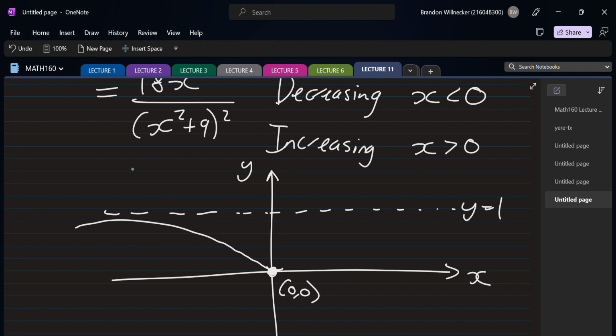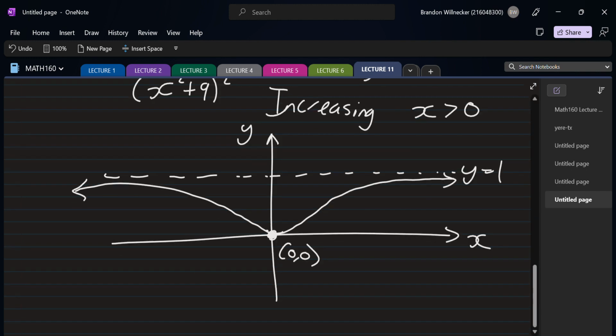Then we've got a local min there, and then it's going to go back up like that. Again, it can never cross the asymptote, so it must just go like that, and then it will carry on like that. And at the bottom there, we've got our local min, like we said earlier. And then you can also calculate the inflection points if you want, but that's not needed here.